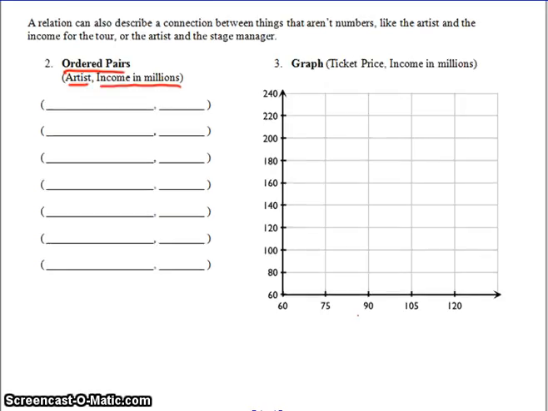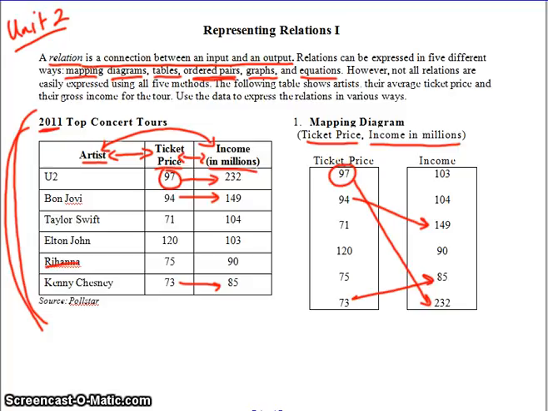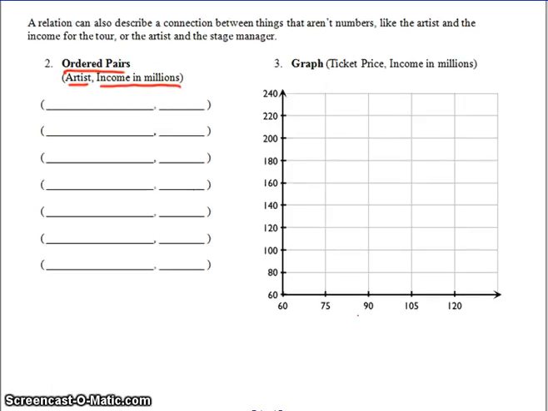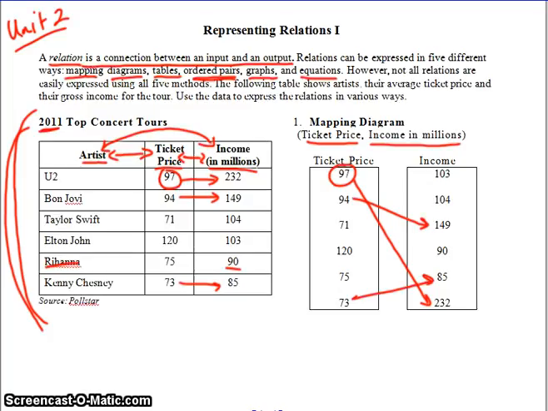Let's do Rihanna, and we're going to relate the artist to the income in millions. Rihanna's income in millions was 90, so we write Rihanna, and it was $90 million. That's what she made. Let's do another one. Let's do Taylor Swift, and she made $104 million.